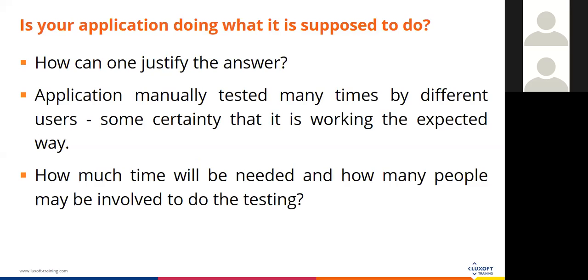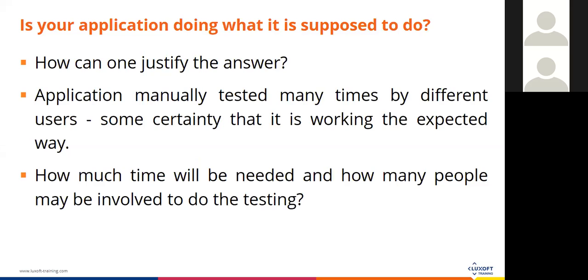Now, we would like to address a general question. You were working on an application and you come and say, is my application doing what it is supposed to do? Or somebody comes to ask you, is your application doing exactly what it is supposed to do? What may you say, and most importantly, how can you justify such an answer?